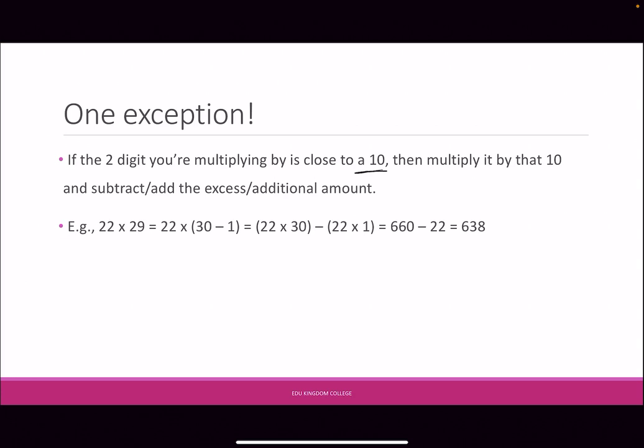So for example, if you have 22 times 29, change it to 22 times 30, minus 1. And so that's going to give you 22 times 30 minus 22 times 1. 22 times 30 is a lot easier than 22 times 29, so straight away I can tell that is 660. Minus 22, no big deal. We can all do that in our head. So 660 minus 22 equals 638.